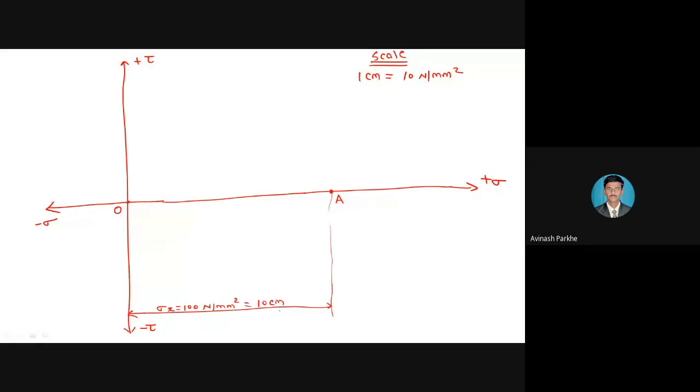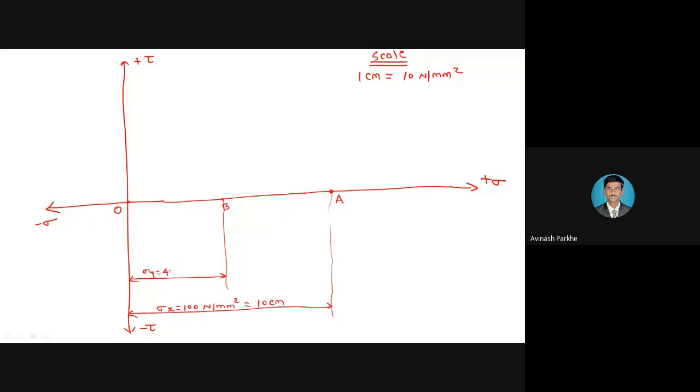Similarly, you are having the second stress also, sigma y. From the same origin point O, we are having the sigma y value 40 Newton per mm square, which as per the scale is 4 centimeter only. So the second point you have to represent is point B, on the horizontal line only. Both are positive, therefore point A and point B are represented at the right side of the origin.